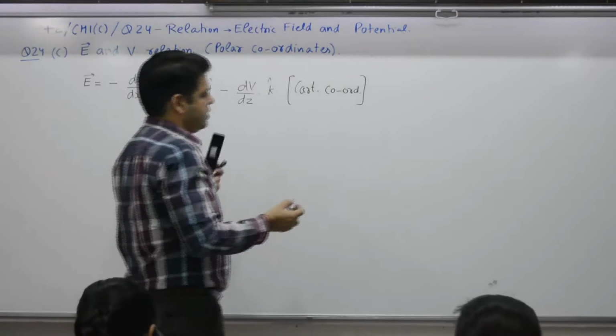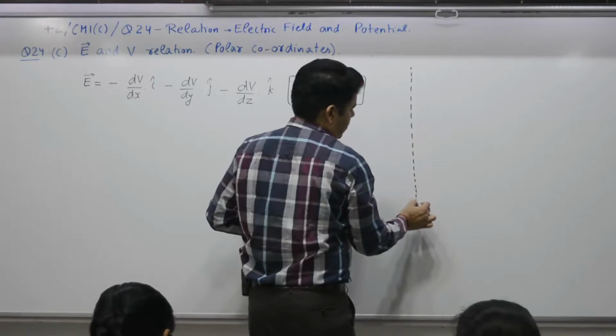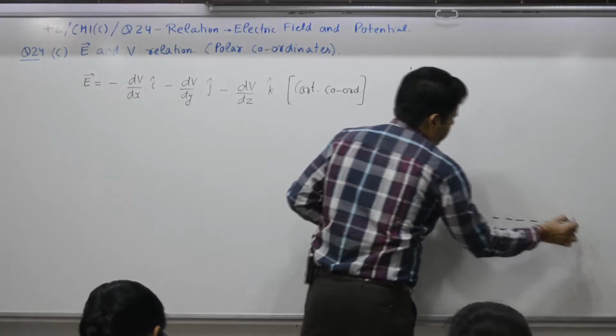Now we want to write a relationship between E and V for this arrangement, the polar coordinate system.